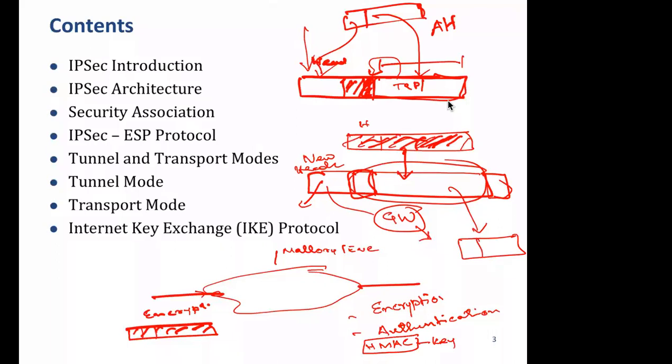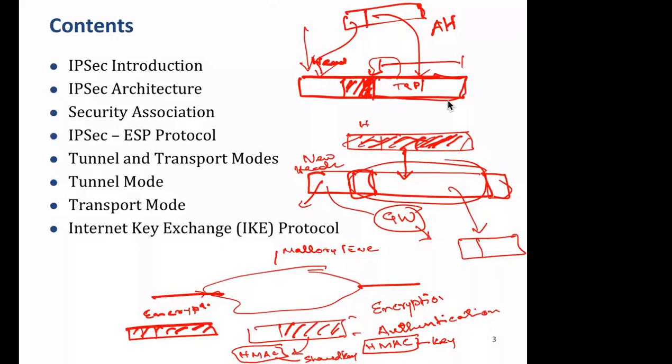It means that you calculate the MAC value, HMAC value, for the IP packet, and the hash value is to be signed with some key, which is a shared key. So basically, either we can use encryption, or we can use authentication, or integrity check, using HMAC. These are the two very fundamental things.